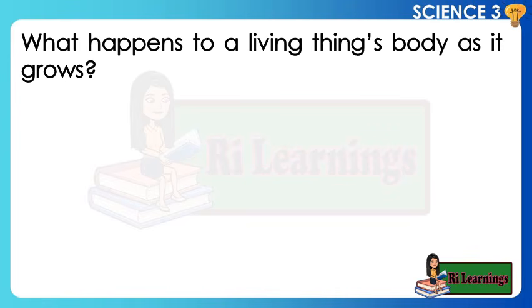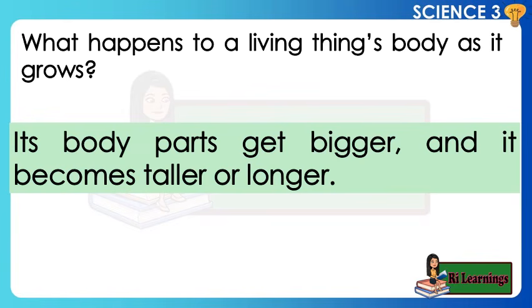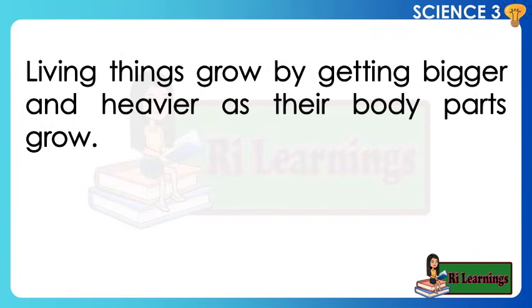What happens to a living thing's body as it grows? Its body parts get bigger, and it becomes taller or longer. Living things grow by getting bigger and heavier as their body parts grow.